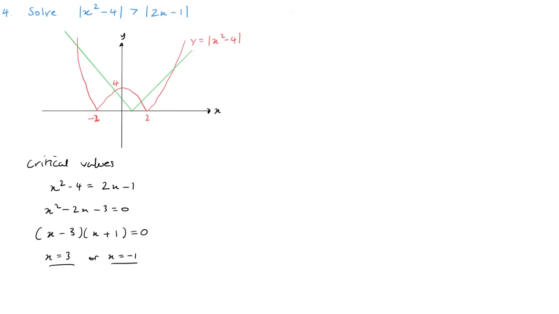And then my second set of intersection points will come from making one of them negative. Because if I made them both negative, then it wouldn't change a thing, would it? So x squared minus 4 equals minus 2x plus 1. So x squared plus 2x minus 5 equals 0.